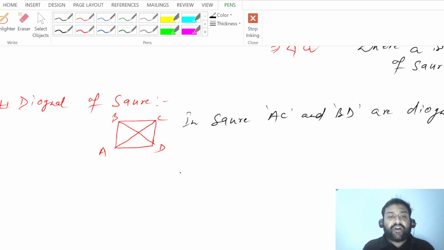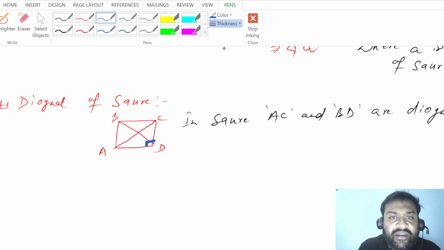So how can we find out the diagonal? To find the diagonal, we just see this triangle. This is our 90 degree, this is also 90 degree, and this is also 90 degree. I am talking about this triangle.